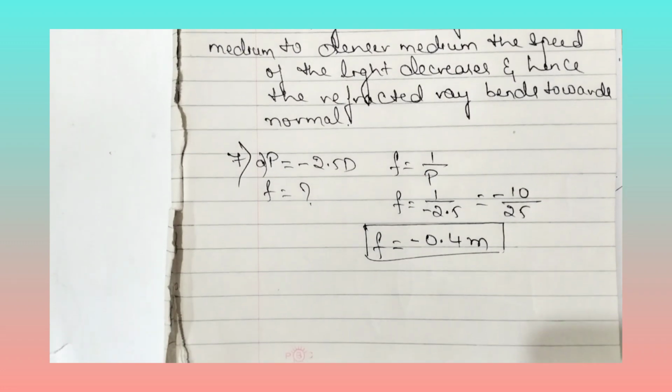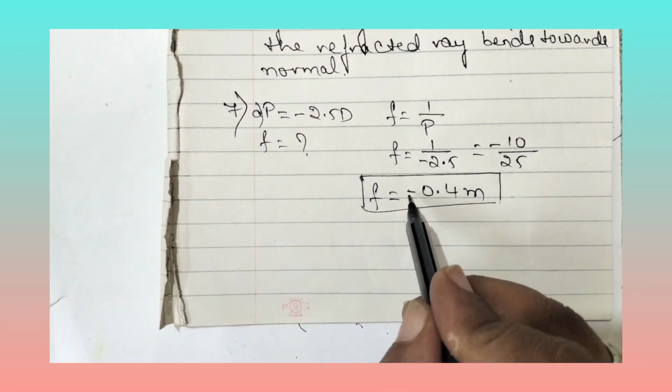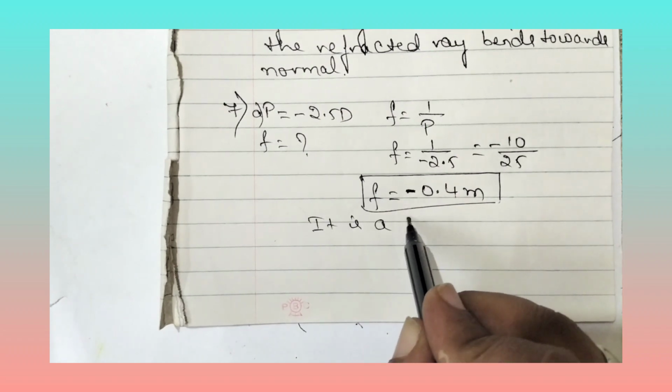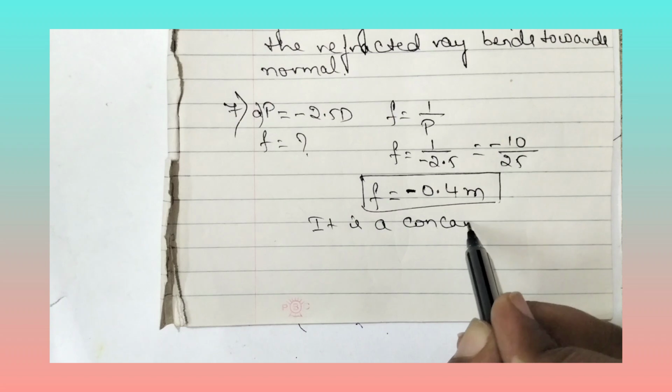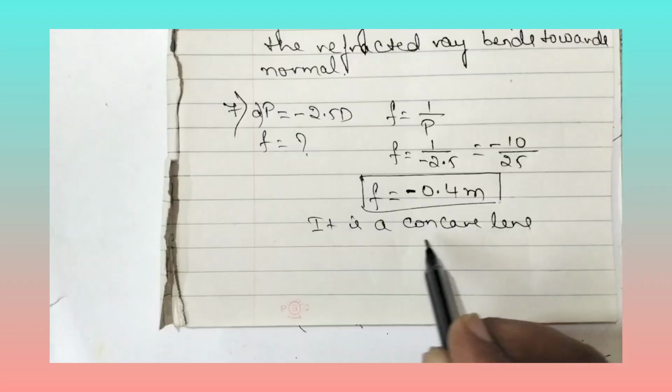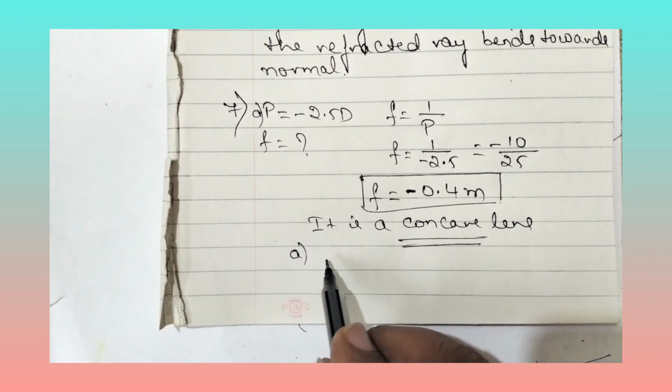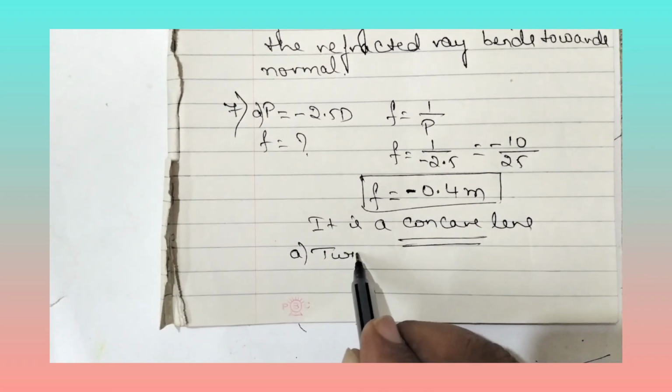So they asked what type of lens is this. Since focal length is minus, it is a concave lens, because for concave it is minus and for convex it is plus. Then give two examples for refraction in our daily life. One is twinkling of stars.